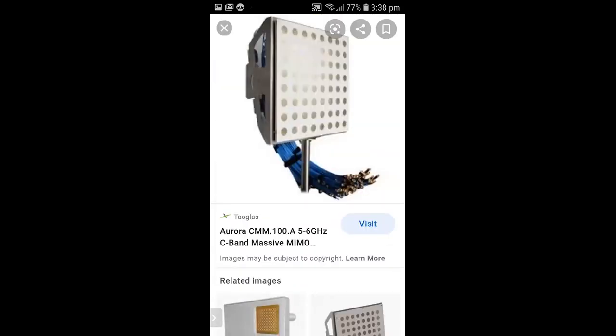Remember, it consists of arrays. If you look, this is a 10 by 10 array antenna, and each single dot is showing you an antenna. Imagine now you are having 100 different antennas serving you through beamforming. These two technologies are a very crucial part of 5G communication.